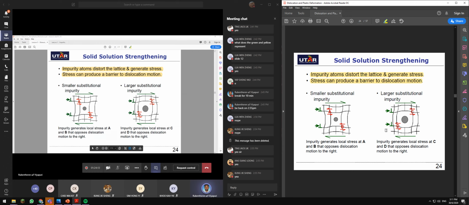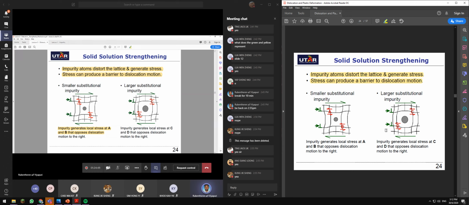Now you have two types of substitutional impurity: smaller substitutional impurity and larger substitutional impurity. Smaller means smaller size, larger means larger size. If you have a smaller substitutional impurity added to a matrix, the impurity generates local stress at A and B that opposes dislocation motion to the right. It creates local stress because the line is not straight.